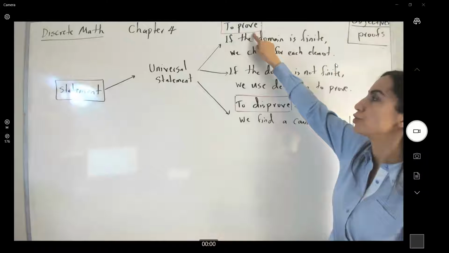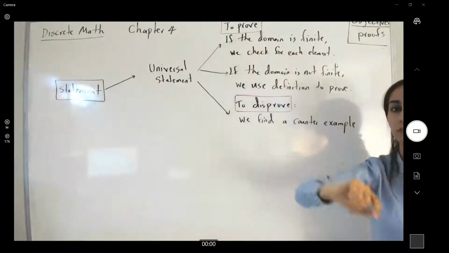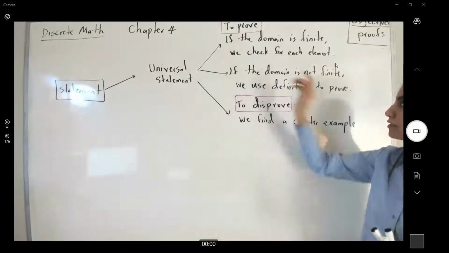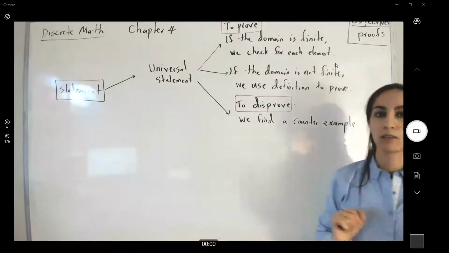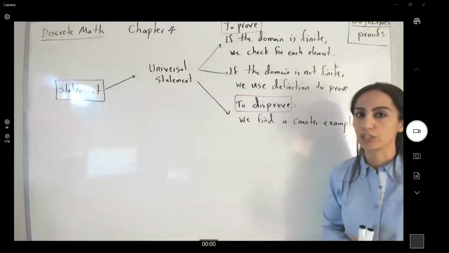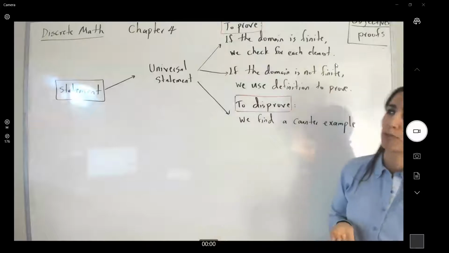So again, we have universal statement. So far, two ways to prove a universal statement. If the domain is finite, we just check for each element. If the domain is not finite, we use the definition to prove. Okay, we check to see what definition do we have. Do we have a definition of even number? Do we have a definition of prime?